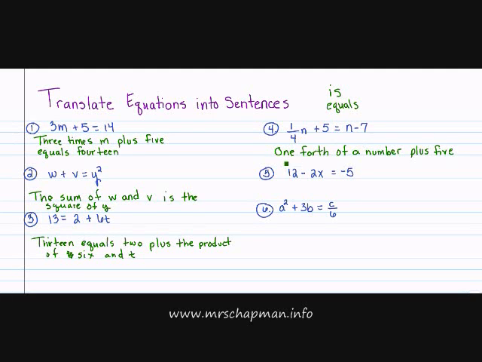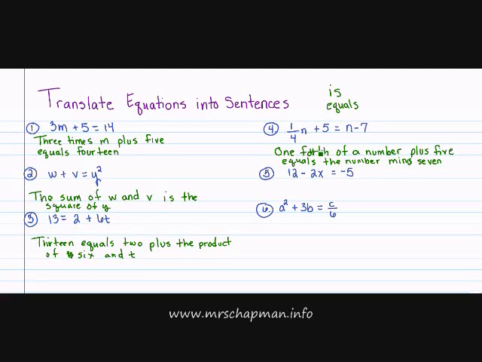Equals the number, because we already mentioned it, minus 7. Okay, we could say 1/4 of a number plus 5 equals the number minus 7. We could say, I spelled fourth wrong too. There.